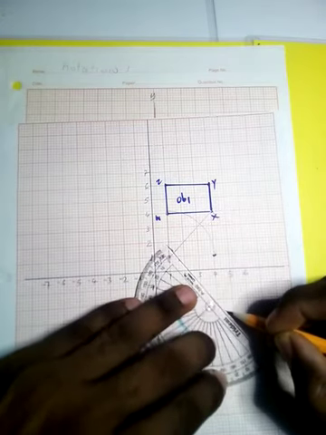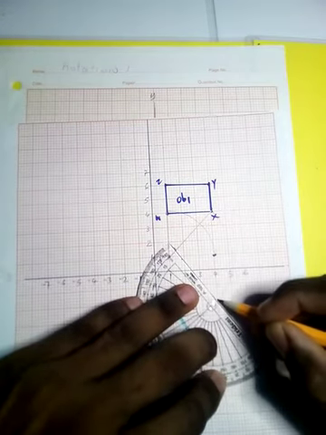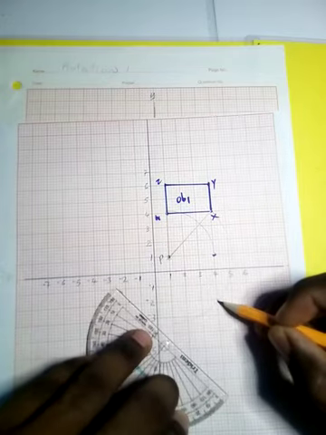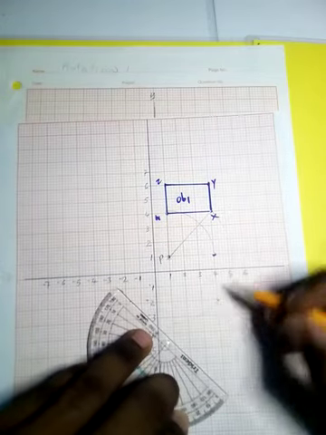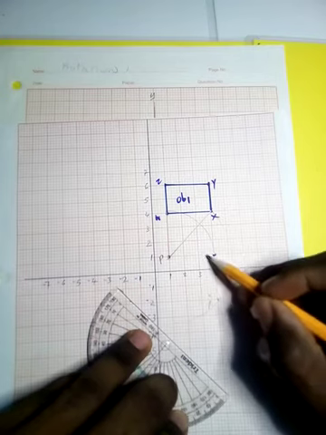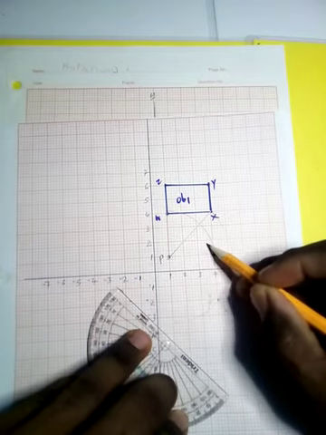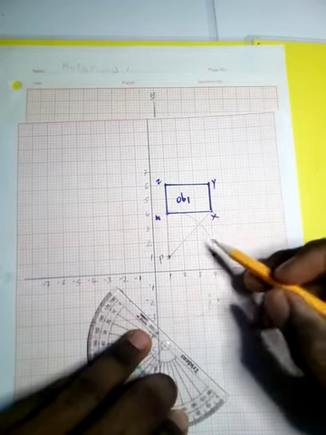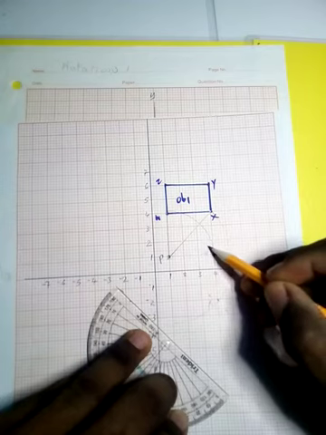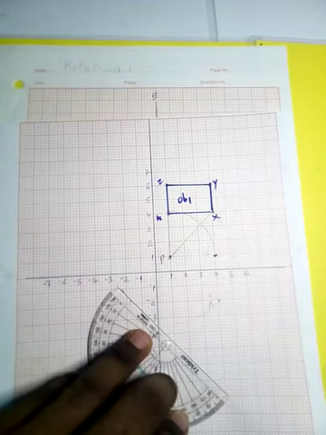Wherever it touches the arc, that's where our X prime will fall. So this would be our W prime. This is our X prime.